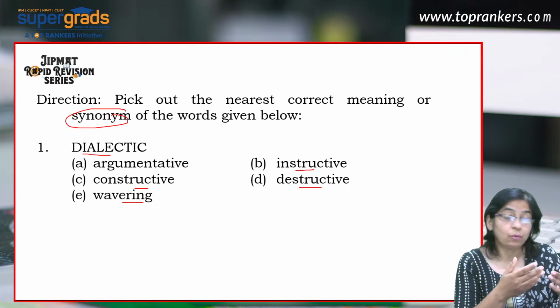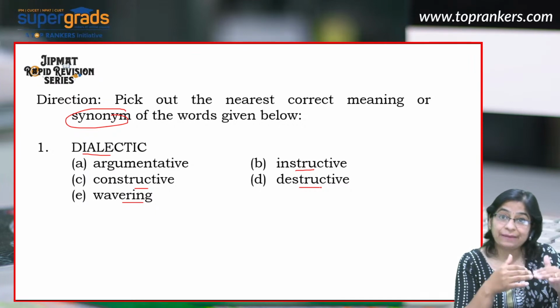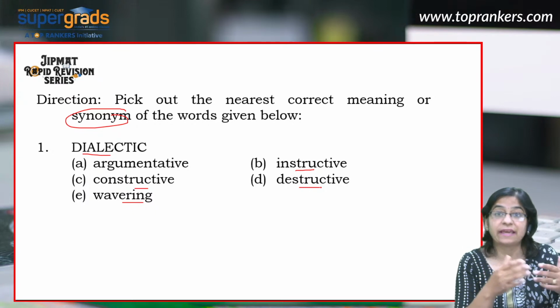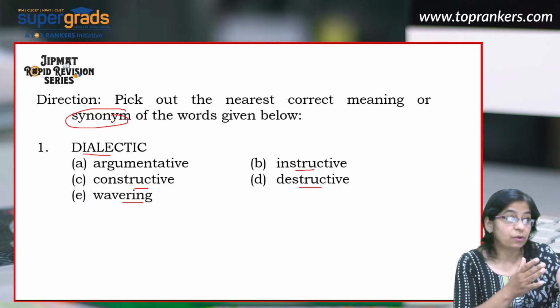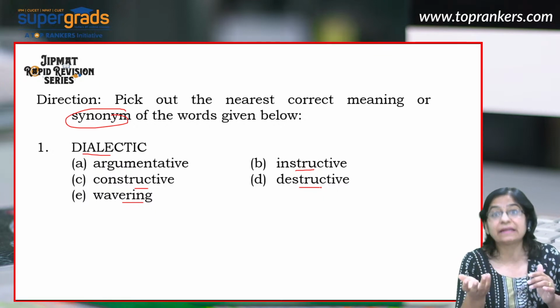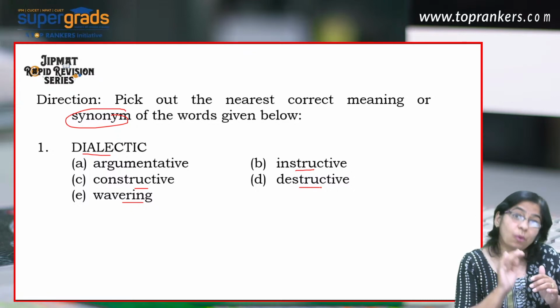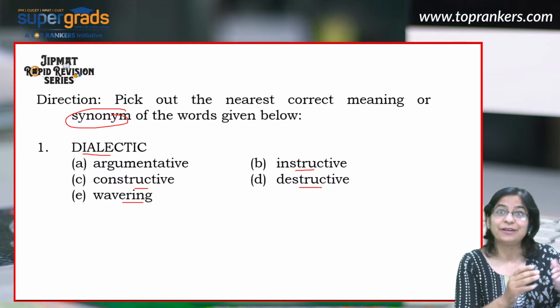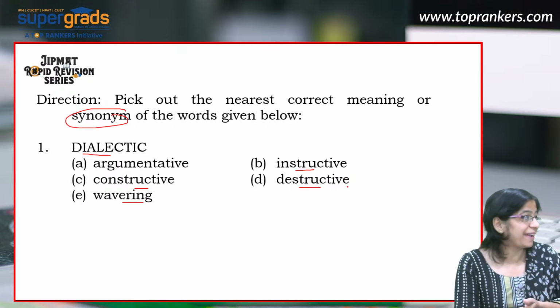So, if you know what part of speech dialectic is, you would be able to eliminate the wrong answer choices. Let's say dialectic is an adjective. If any of the answer choices is anything other than an adjective, you can straight away eliminate it because that would not be the right answer. So, an answer to an adjective can only be an adjective. Now, let's see how to get the right answers.